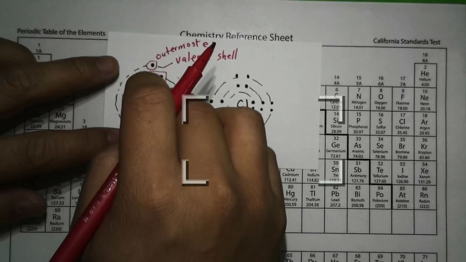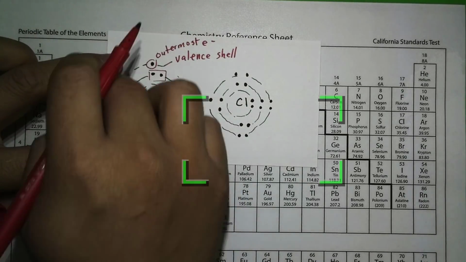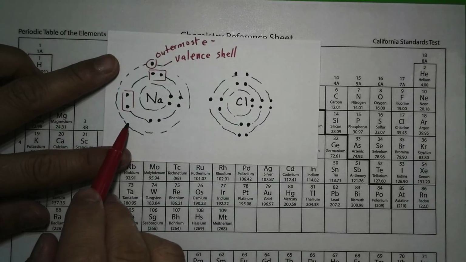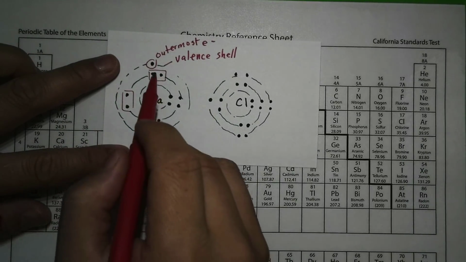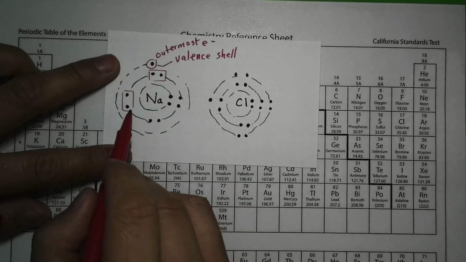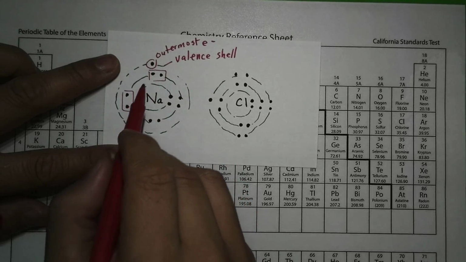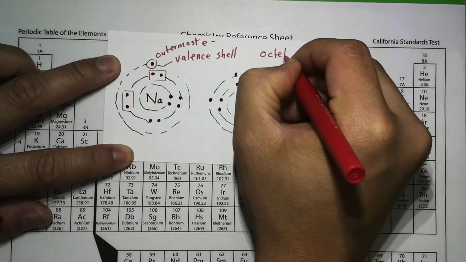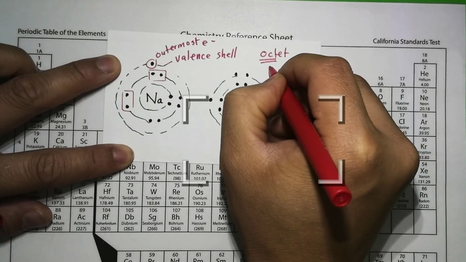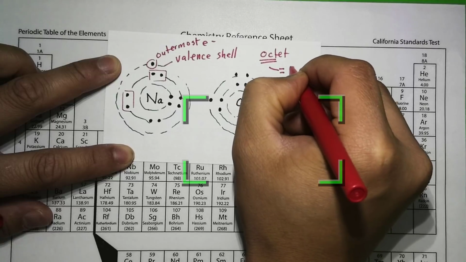Now, by looking at the number of outermost electrons, we can determine if the atom is stable or not. In order to be stable, they need to have a complete octet. Think of the word octet: that prefix is equal to 8.